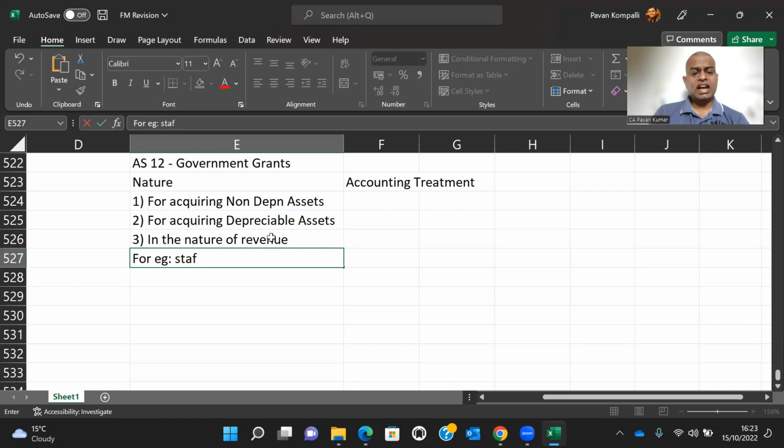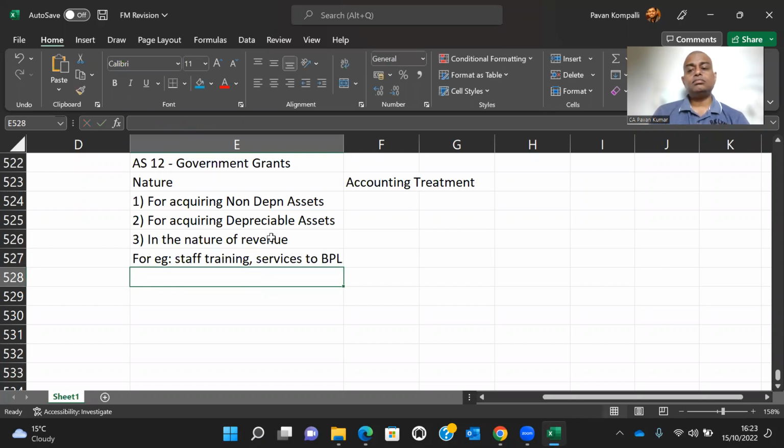For example, staff training, or in case of hospitals, treatment to people below poverty line, services to white ration card holders below poverty line. If your entity is giving treatment to people below poverty line, the government will give you a grant. Or if you are doing some kind of staff training, the government will give you a grant. Concessional loans they will give you.